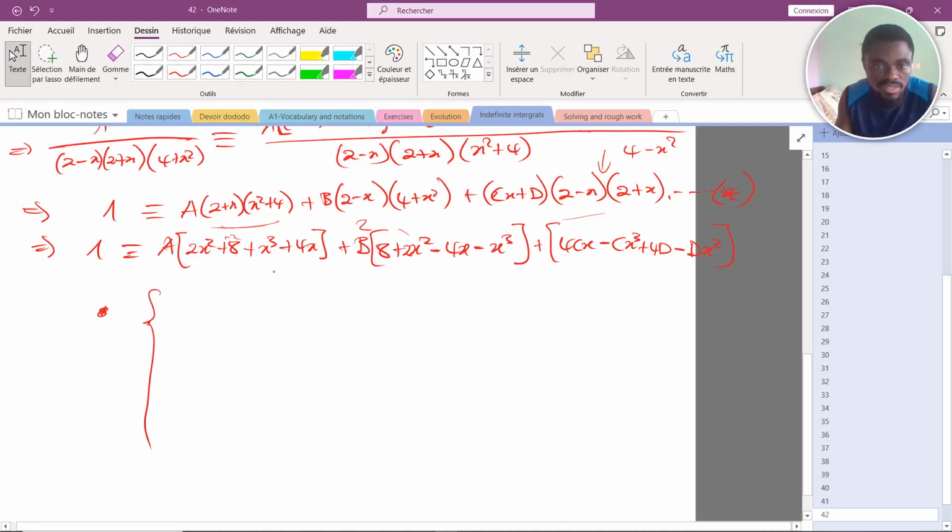Let's first start by taking terms in x cubed. On the right hand side we have 0, so this will be equal to what? In terms of x cubed, I'm going to have this a times this x cubed, so I will have a here.